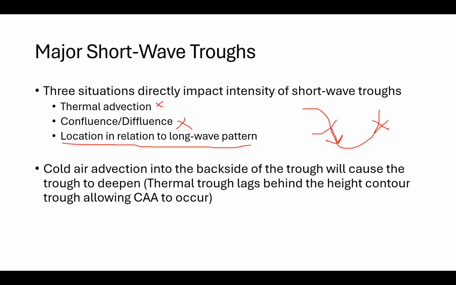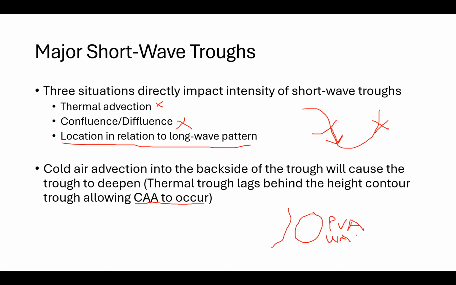Cold air advection occurs into the backside of the trough. This is going to cause the trough to deepen. The thermal trough again lags behind the height contour trough, allowing the cold air advection, CAA, to occur. Anytime you increase your vorticity advection, okay, so you have PVA out ahead of the shortwave trough axis, and then you also have WAA, warm air advection, so you have warmer air moving in.